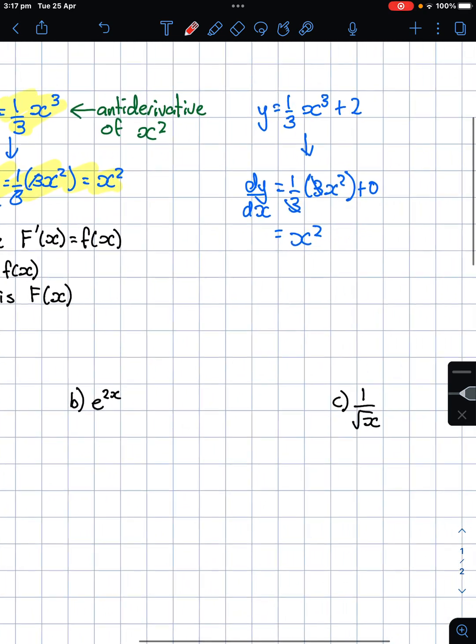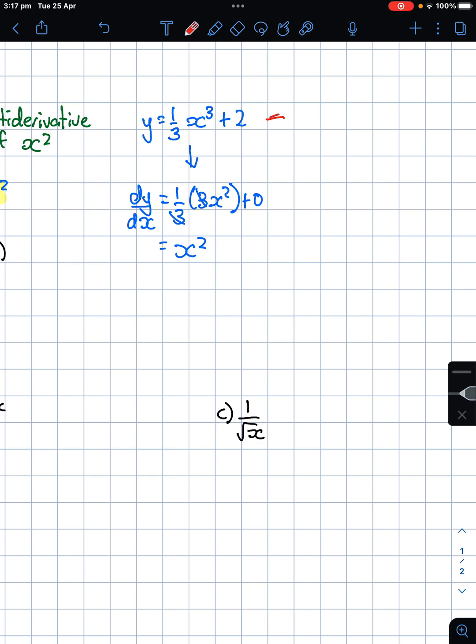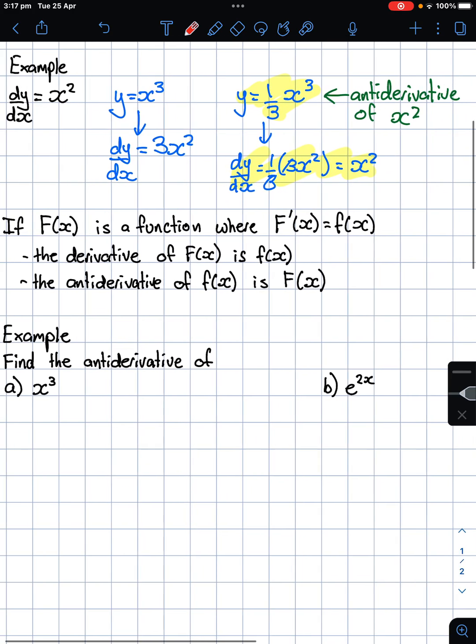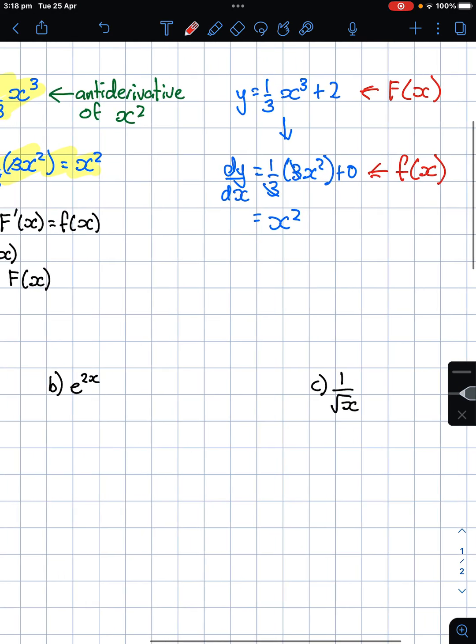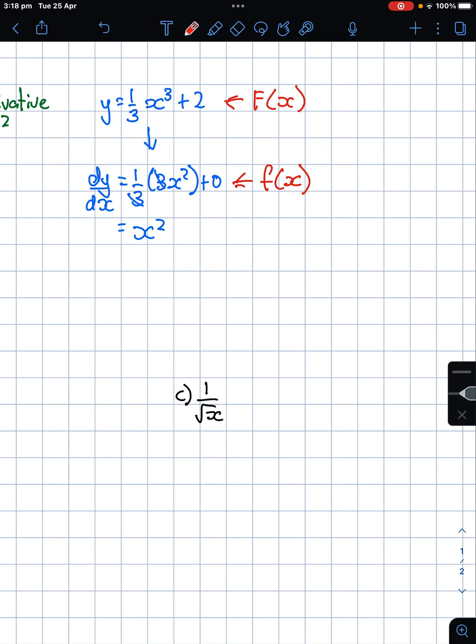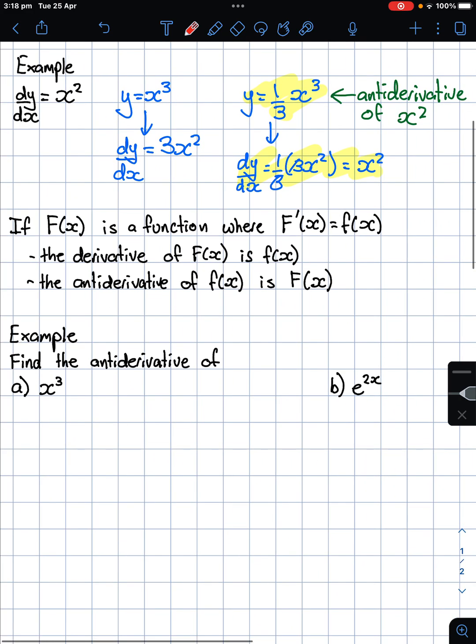This is saying that this original function, we're going to call this F(x). And if we take the derivative of this, it's f(x). So we've taken the derivative and we've got that function. That's how we link to those original ones there.